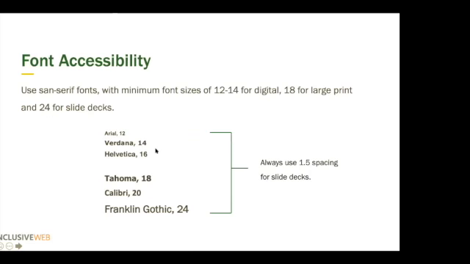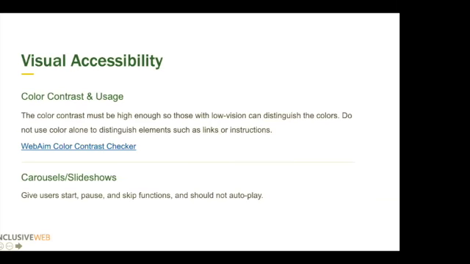So color contrast needs to be high, and you can check for the color contrast at WebAIM color contrast checker. That tells you whether or not your background and foreground are meeting the WCAG 2.0 guidelines.